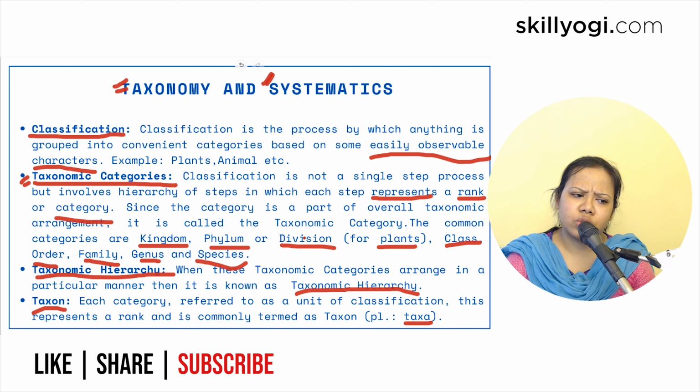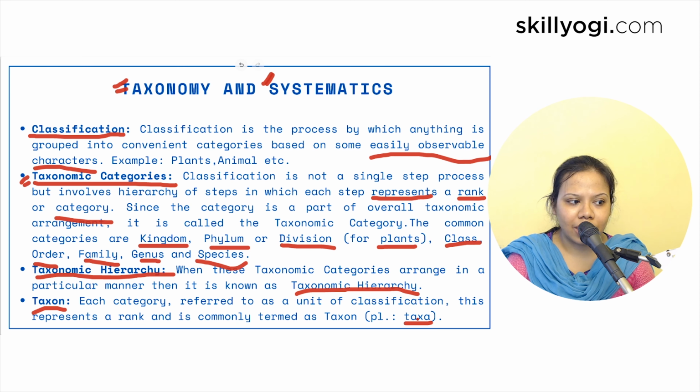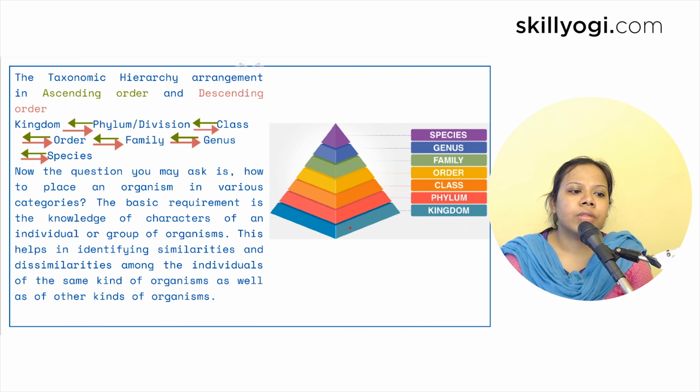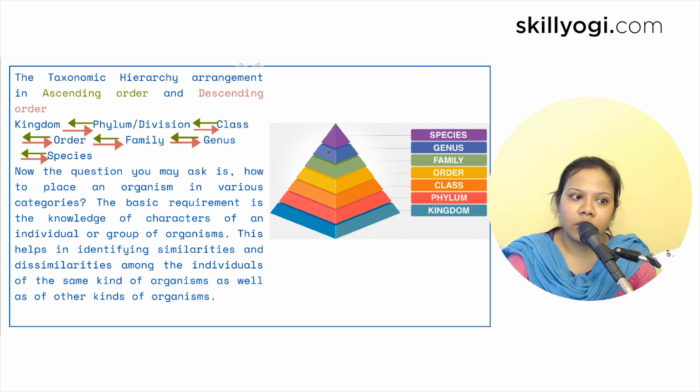When we use a single category, we write taxon, and in plural it is known as taxa. Each taxa is arranged in a particular way.